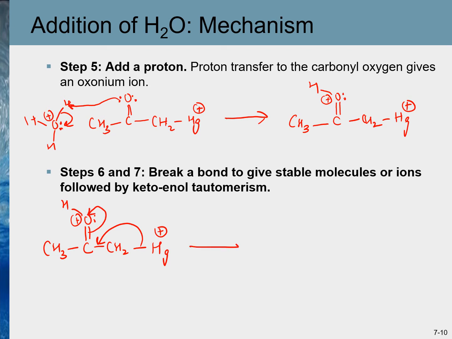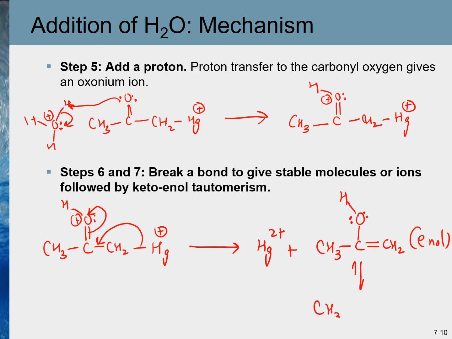And finally, this enol form will undergo another tautomerism process, which will result in the formation of a ketone. And this is the final step of our mechanism.